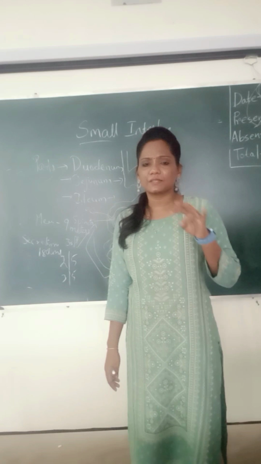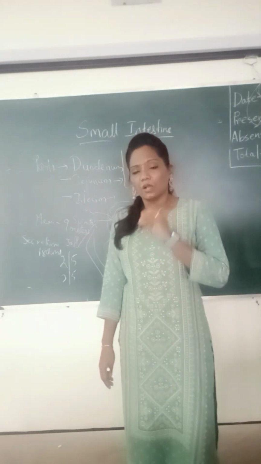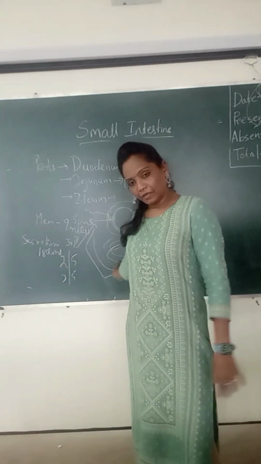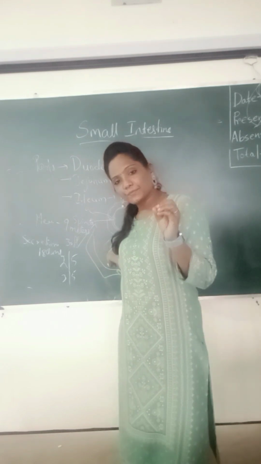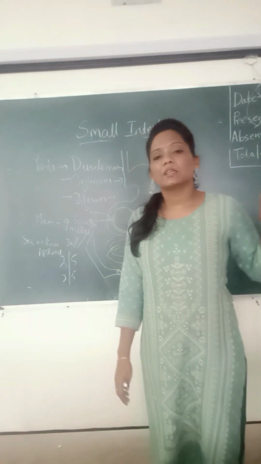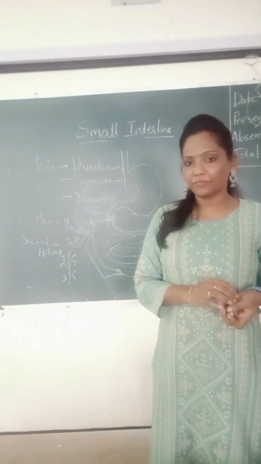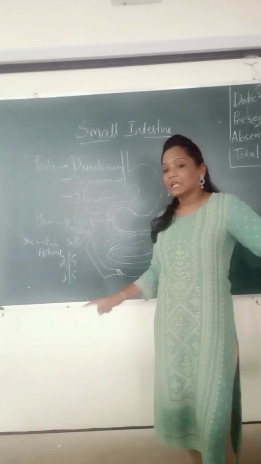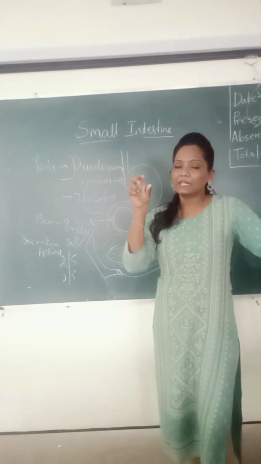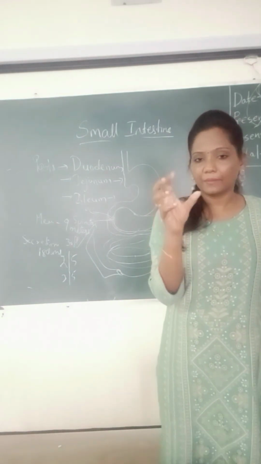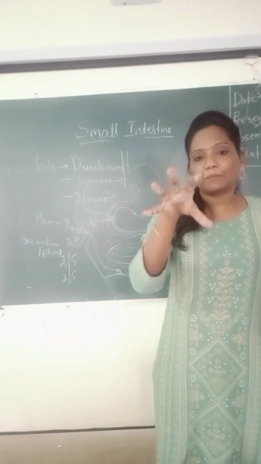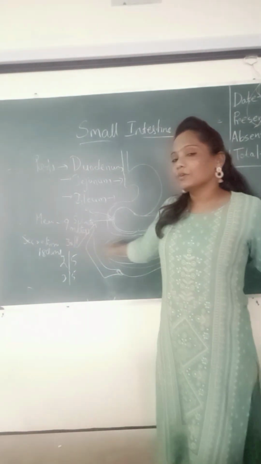Absorption of carbohydrates, proteins, fats, minerals, vitamins, all things are 100% absorbed in the small intestine only. The mucosal layer internally has microvilli projection-like structures which help in the absorption of the food nutrients.